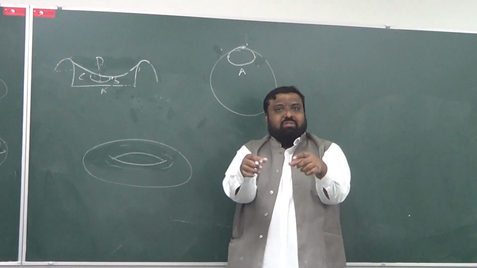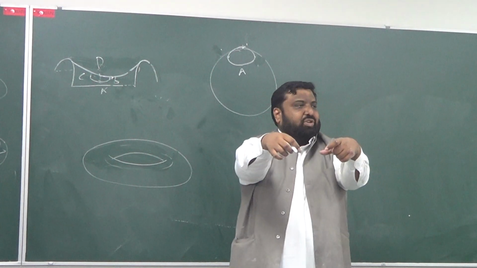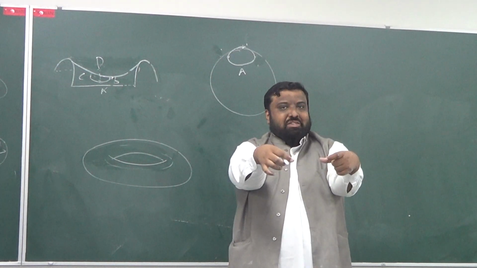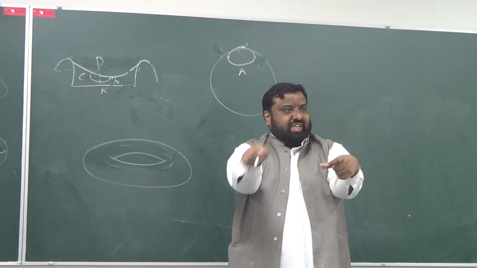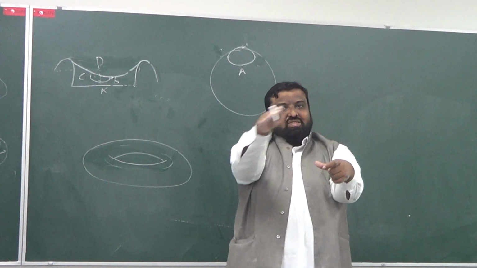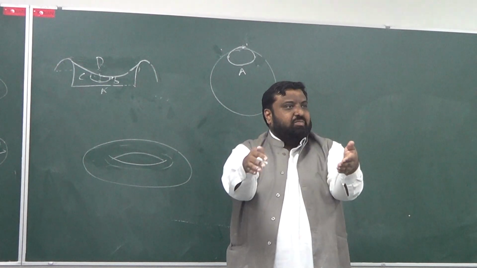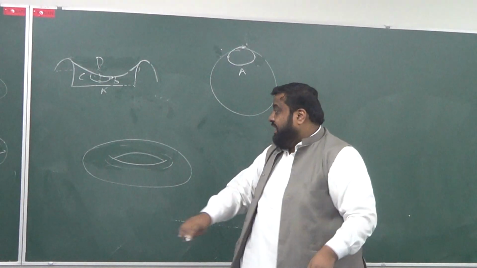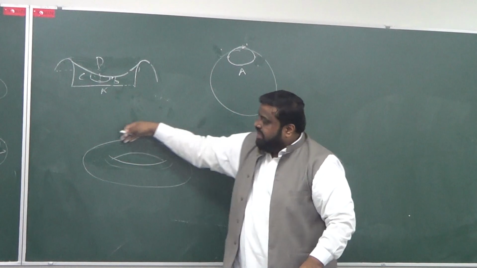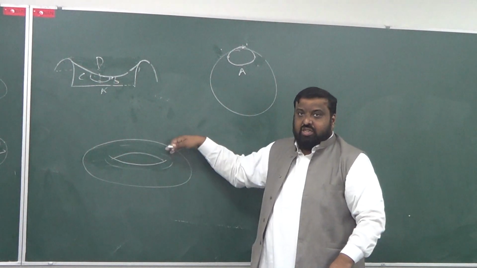If I cut the donut and put half of the donut in this manner, what's going to happen? The outer part, the above part, is like a bowl. So in other words, this part is going to have a positive curvature.